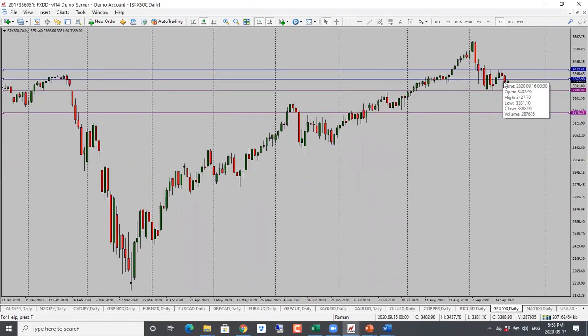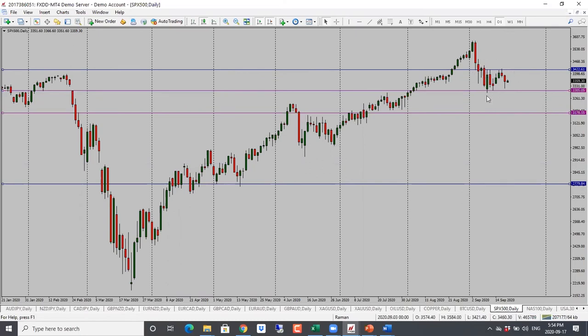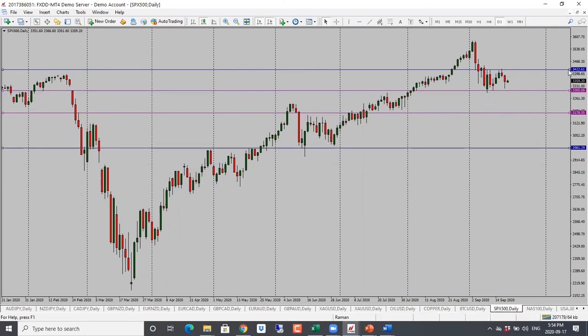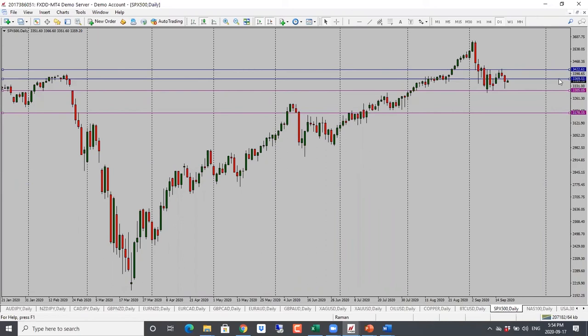S&P 500, we did see that drop, but then there was a pullback at the bottom there. So right now it's still trading in this range, and it's been trading in this range for over a week, a couple of weeks. And right now we may get a pullback towards the 3370 or 3375 level.